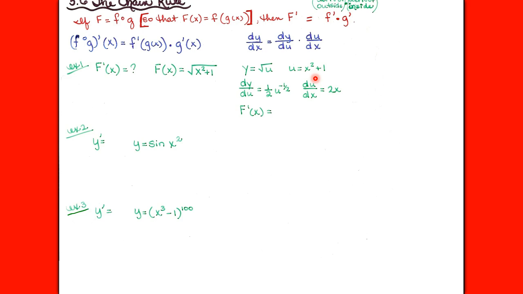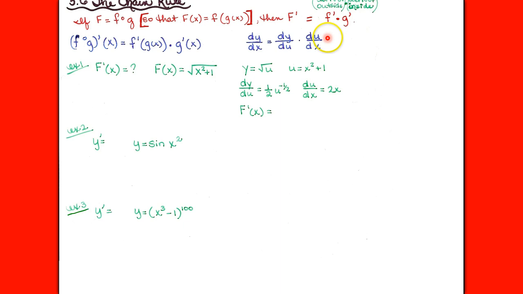And so here's how I could think of chain rule using Leibniz notation. I want to take the derivative of y, and you'll notice that when I decompose this function, y was in terms of u. So I want to take the derivative of y in terms of u, and then that would be the derivative of my outside function, and then I want to multiply that by the derivative of my inside function, and that inside function was u, and u is in terms of x.